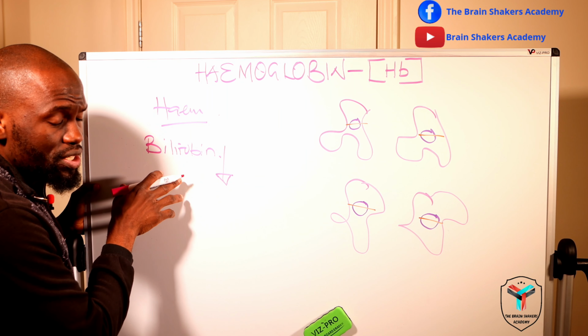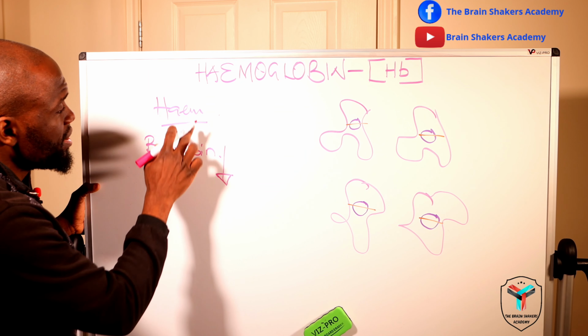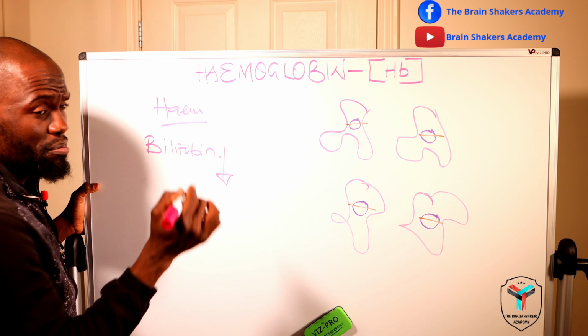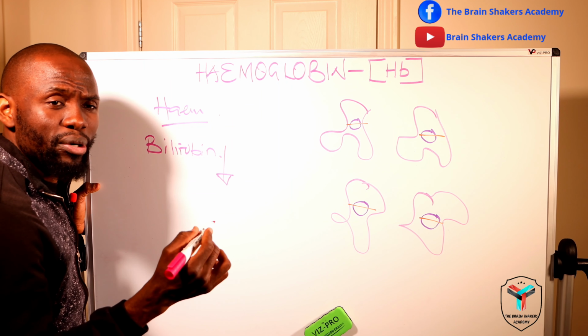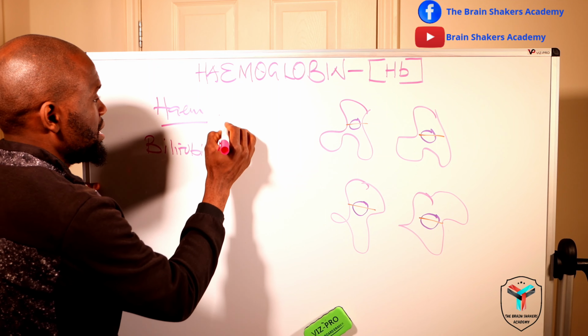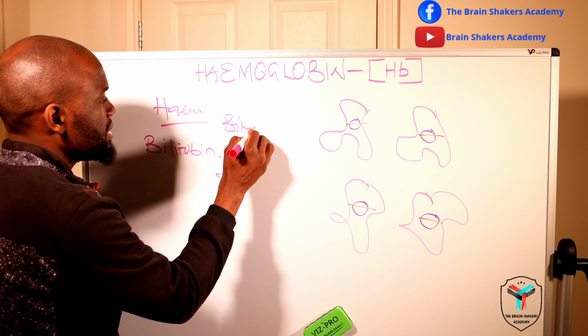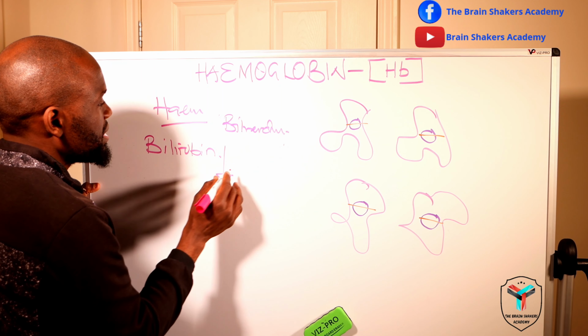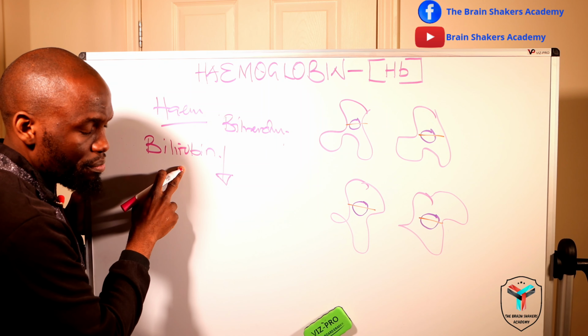But before you even get to the state of bilirubin, the protoporphyrin rings will first be reduced into a component that we call biliverdin. So you will have biliverdin here, and the biliverdin will then be reduced into bilirubin.